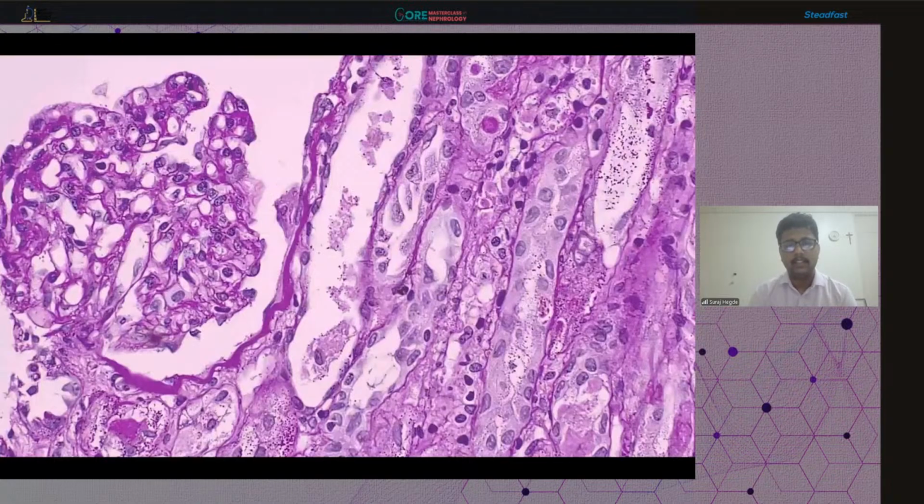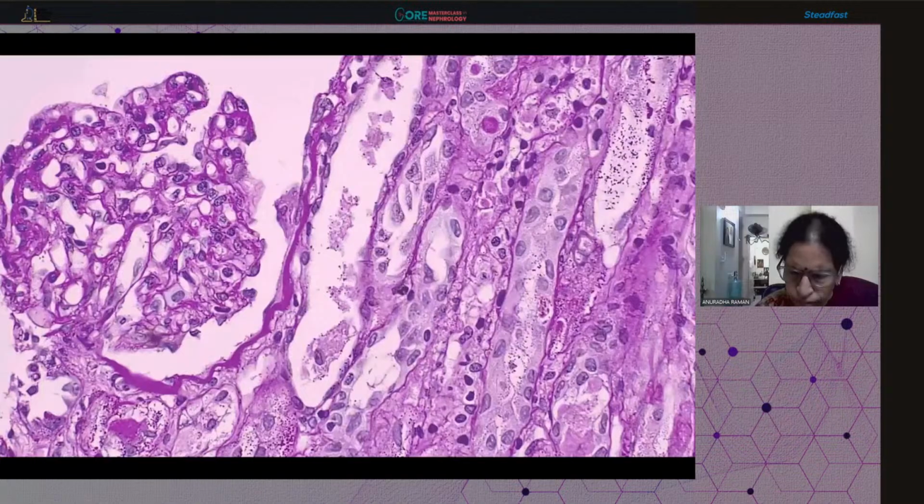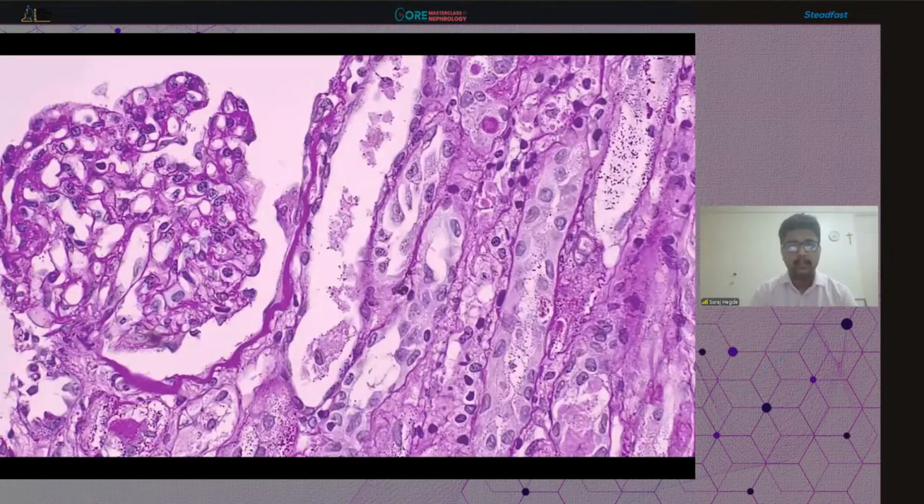This is the PAS stain showing viable glomeruli with ischemic wrinkling of the glomerular basement membrane. However, there is no evidence of mesangiolysis or fibrin thrombi, and the tubules show granular casts and epithelial cell dropout.